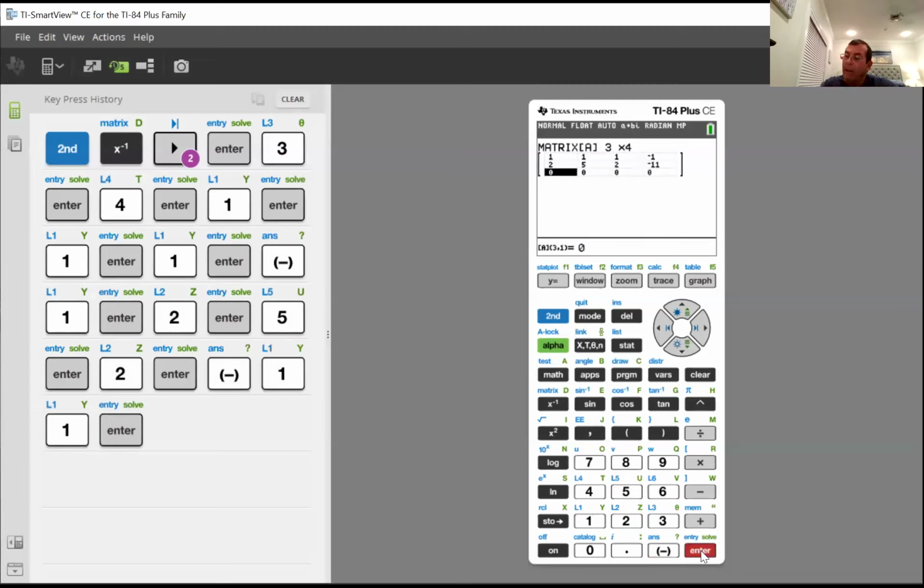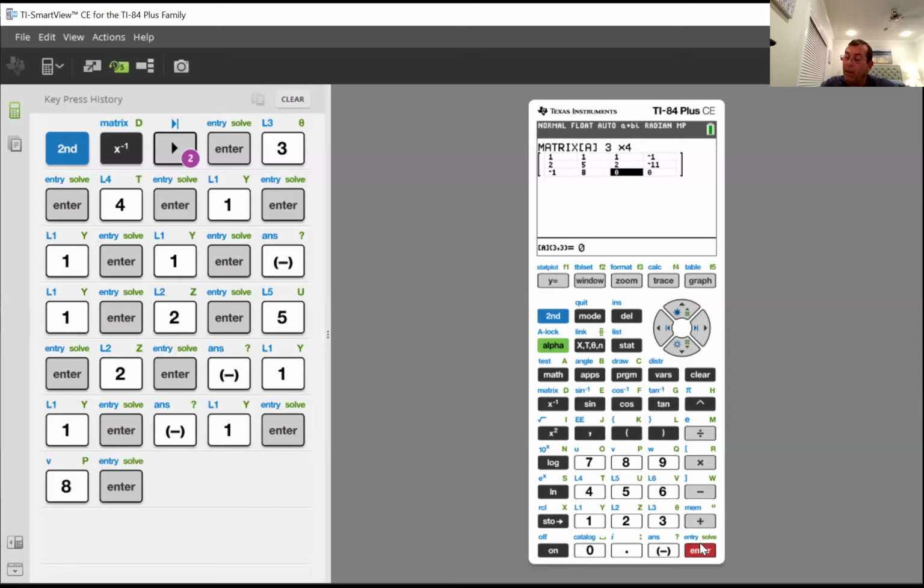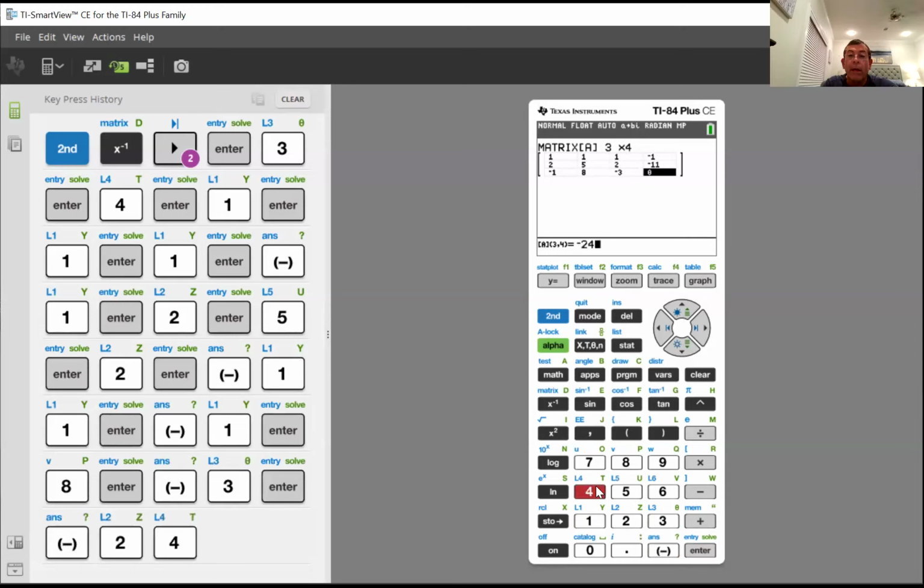And enter. My third equation was a -1 for the x, enter, 8 for the y, enter, -3 for the z, enter, and then that equaled a -24. And enter. So enter after every number.